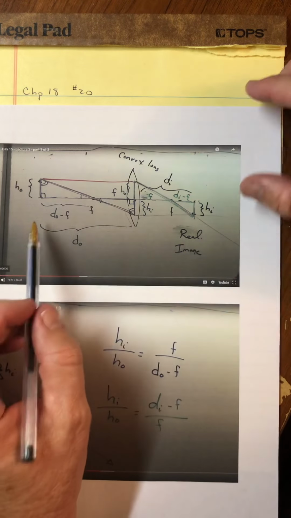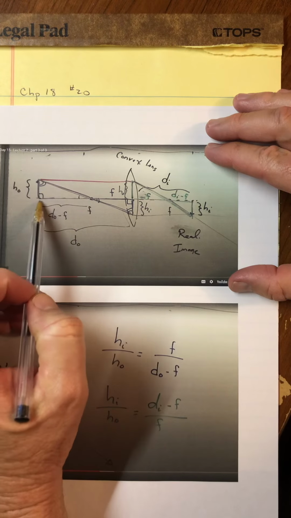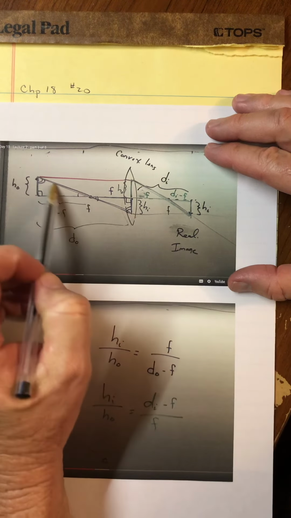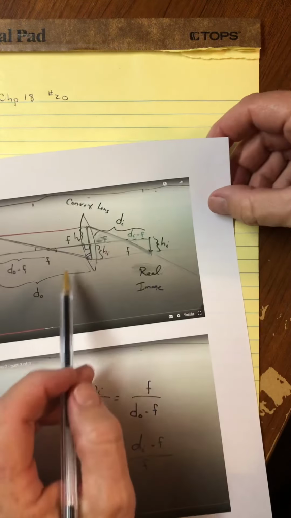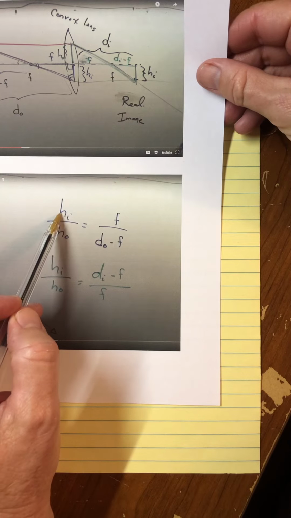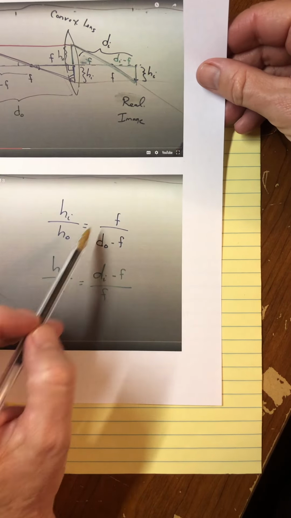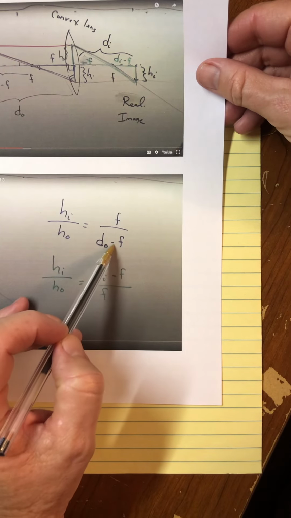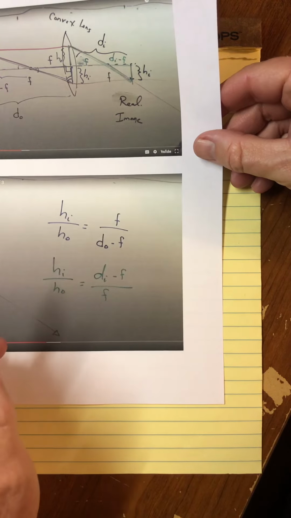We looked at some sets of triangles, a blue set and a green set, and worked out some equations, which we wrote in blue. The height of the image is to the object as the focal length is to the object distance minus the focal length. And then in the green triangles, we came up with this relationship.